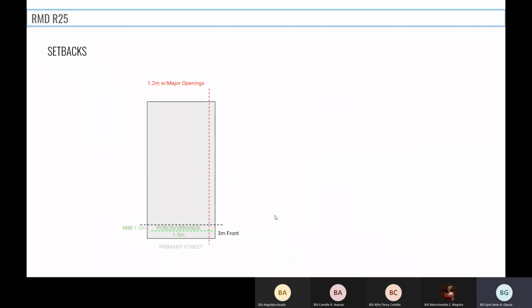And then for the setback on the side of the lot or block size, when there are major openings or windows from the habitable areas, the setback has to be 1.2 meters. If they are minor openings only, it can be just 1 meter from the perimeter of the lot.